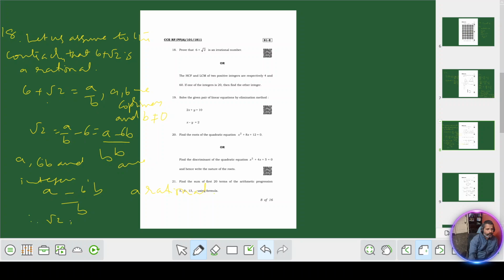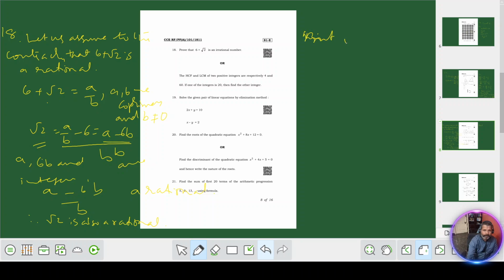Therefore, root 2 is also rational. Why? Because the RHS is rational, so the LHS should be rational. But this contradicts. You have to write like this.